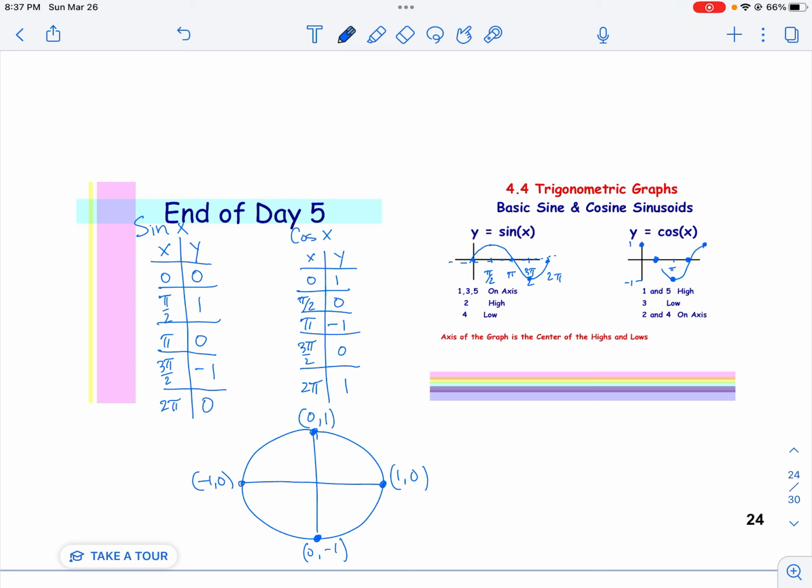So I finish and connect those dots with a curve that looks like that. What these little notes mean is that points 1, 3, and 5 for the sine curve are on the axis. Point 2 is the high point, and point 4 is the low point. And on the cosine curve, point 1 is the high point. Points 2 and 4 are the midpoints, on the axis, and point 3 is the low point.